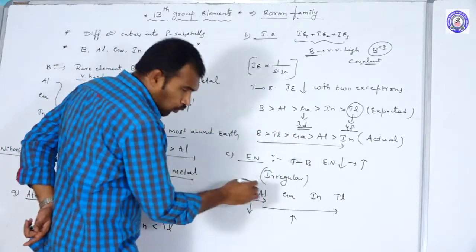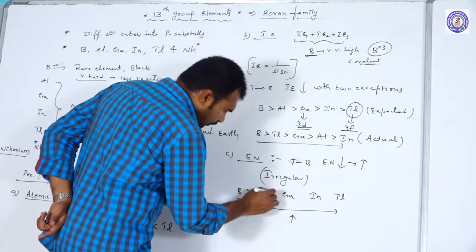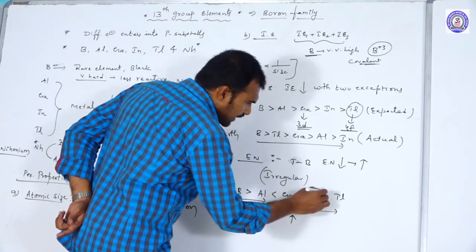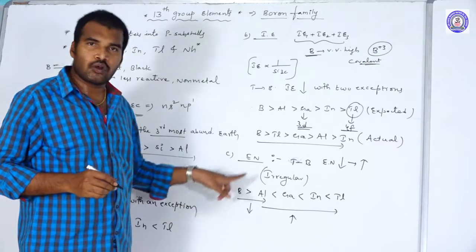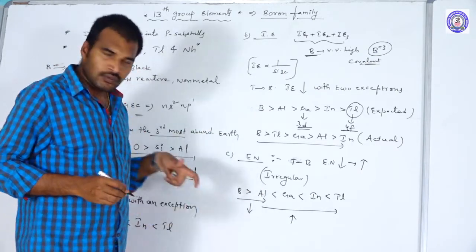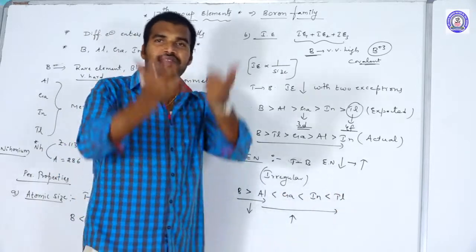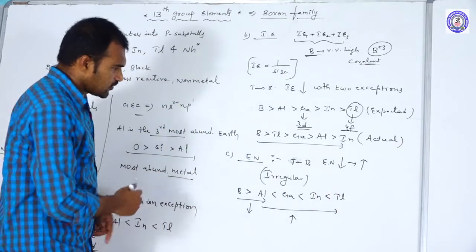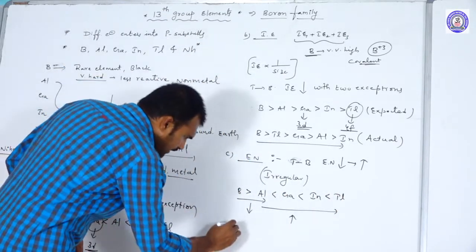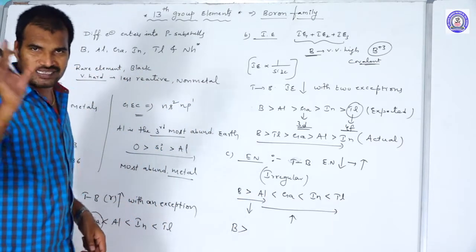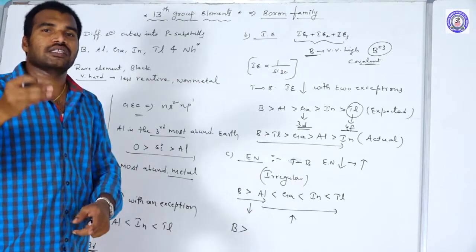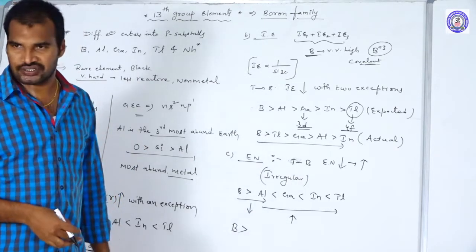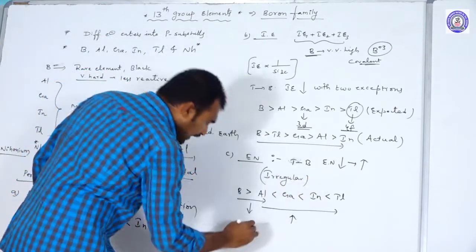That means boron is greater than aluminium, but aluminium is less than gallium, less than indium, then thallium. So first from boron to aluminium it decreases, thereafter from aluminium to thallium it increases again. If you arrange this in perfect order, what is the highest one? Boron. Boron has the highest electronegativity because of its small size and the highest effective nuclear charge. After boron, thallium will come.